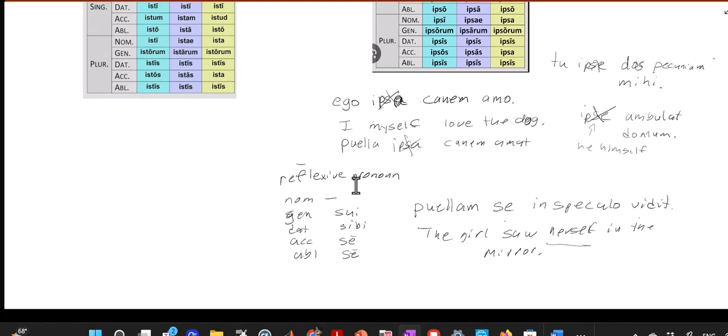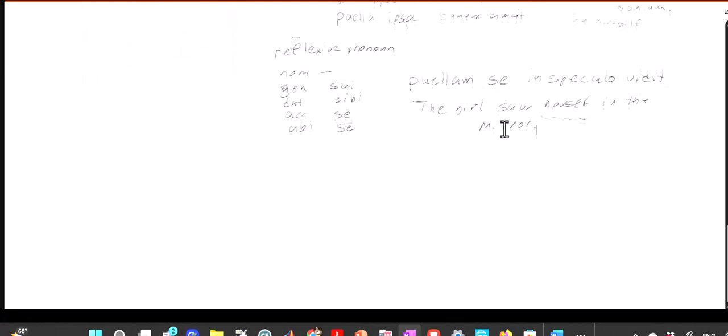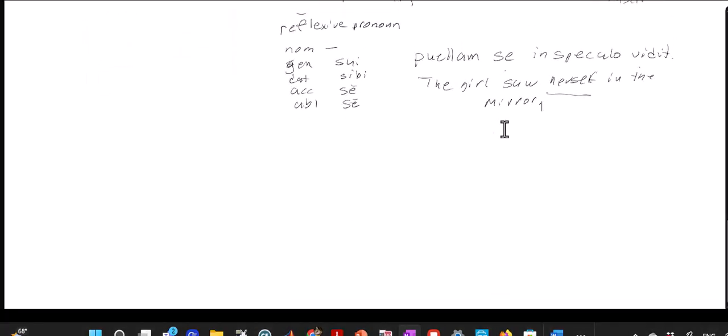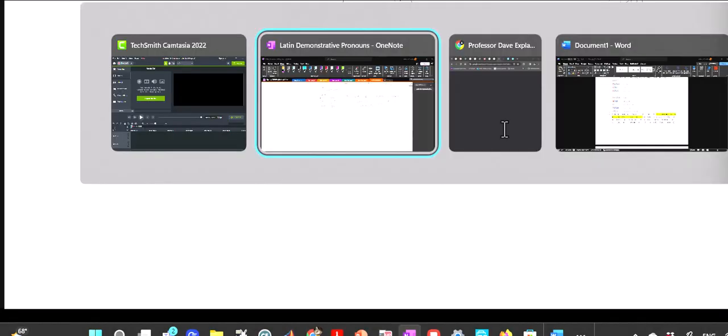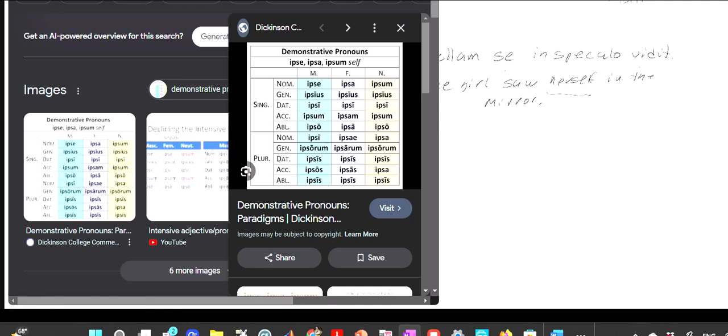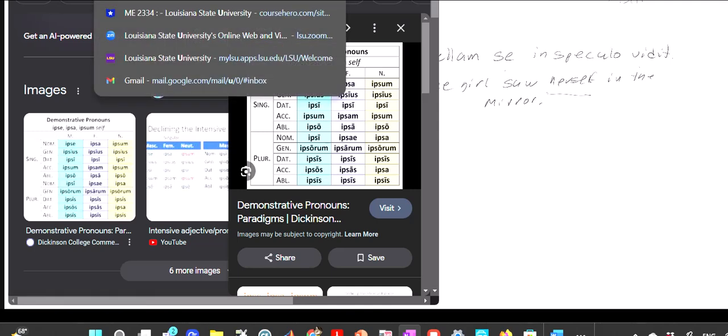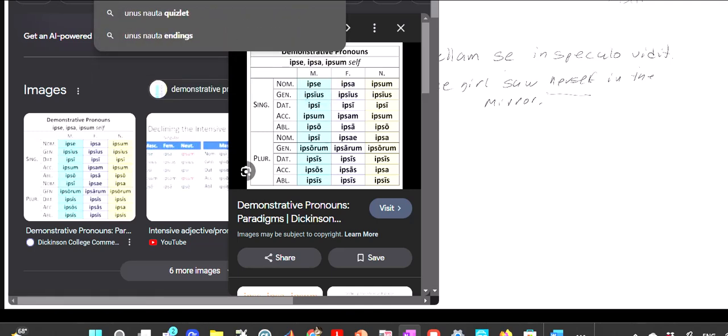Now, the last thing I wanted to point out is, since we were doing these declensions anyway, there are some adjectives that have similar declensions, similar endings, and everybody who teaches this knows our special little saying for these adjectives.